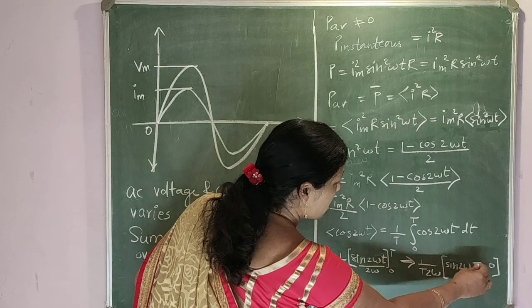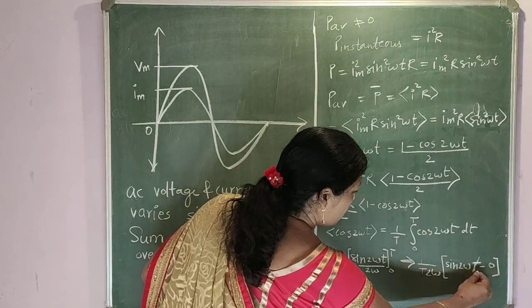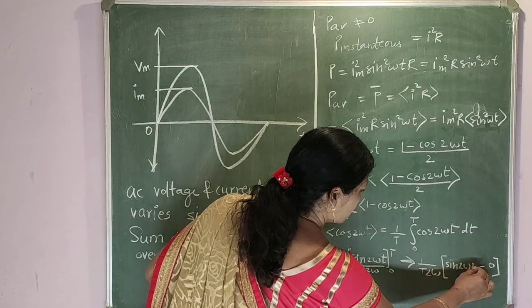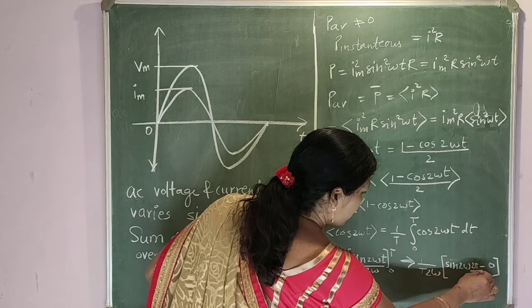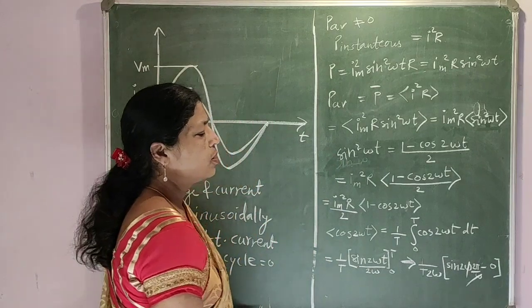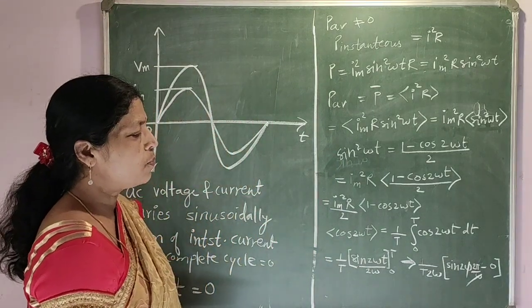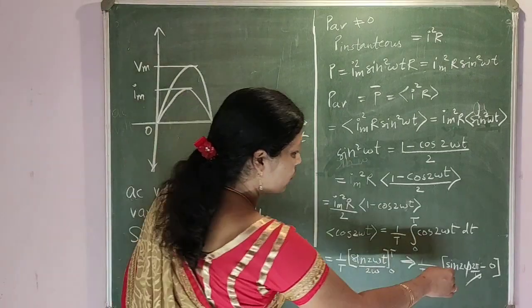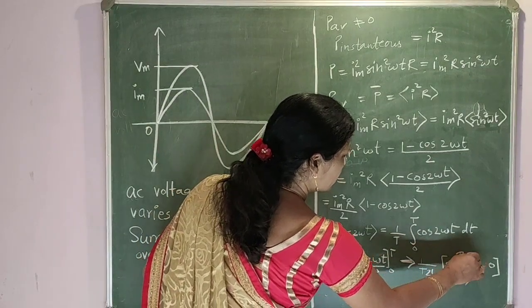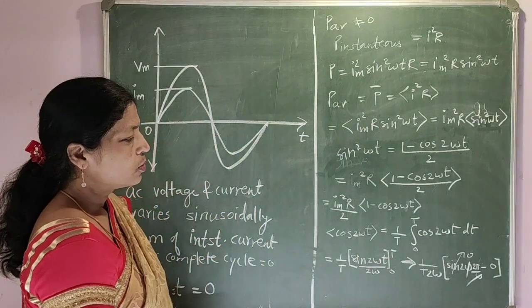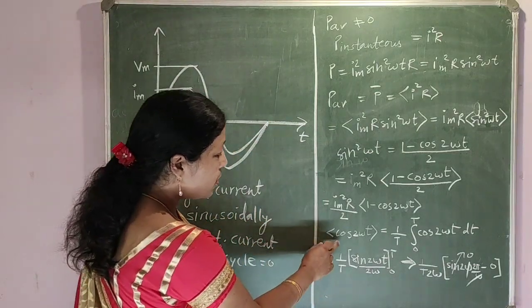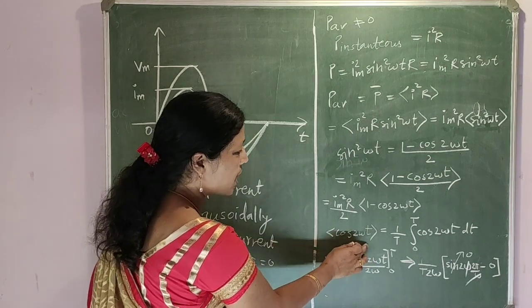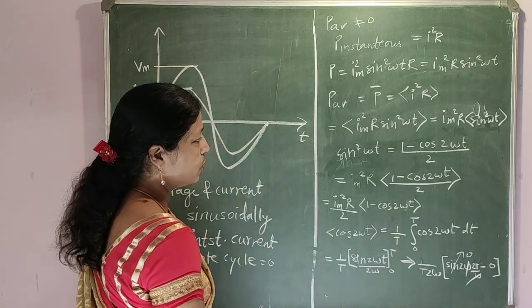So let us write 2 pi by omega in place of T. Omega will get cancelled out. What we have is sine 4 pi, and the value of sine 4 pi is 0. So the average of cos 2 omega t over a complete cycle will become equal to 0.